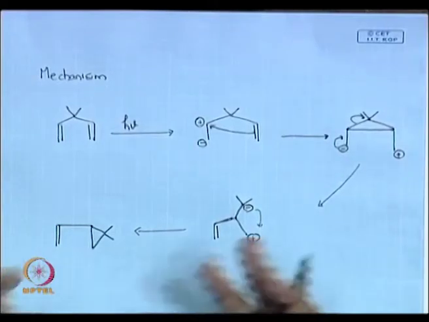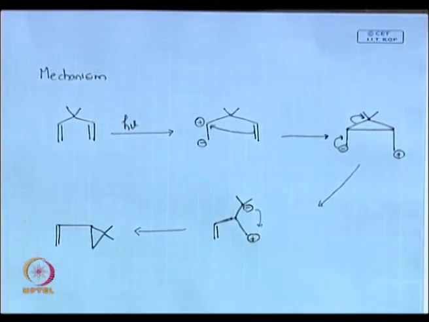So this is the mechanism you can think of from the singlet state, because we know that an alkene in the singlet state exists more like a zwitterion, so I can move with a plus or minus.